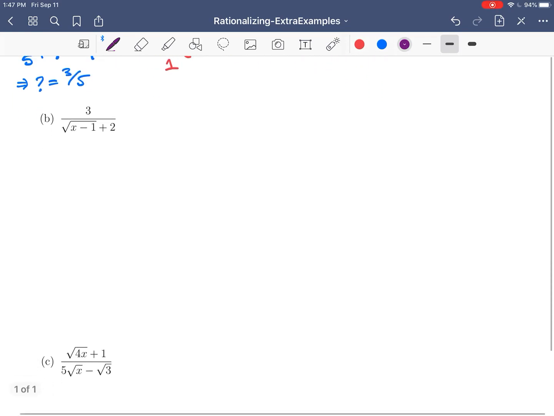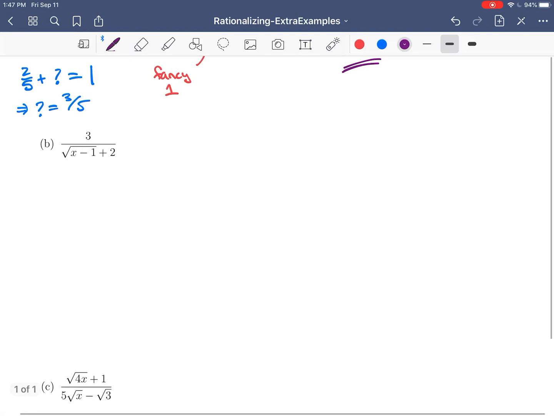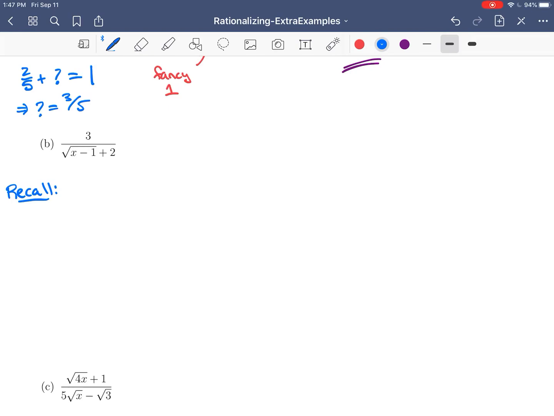Now for part B, and in fact part C, we want to remember the difference of squares formula. If I have a squared minus b squared, it factors as a plus b times a minus b.